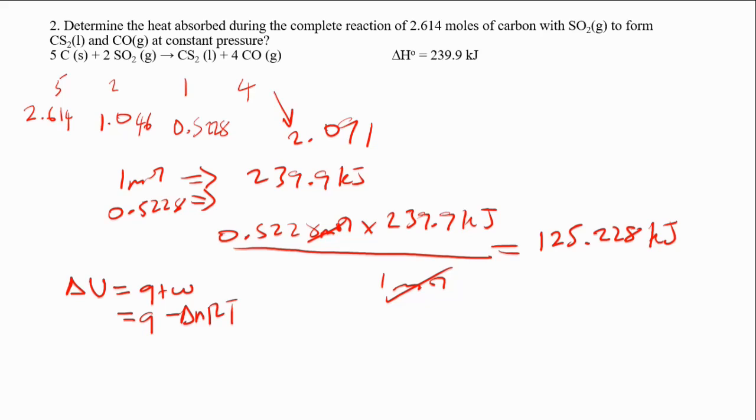Remember also that delta nRT is interchangeable with minus P delta V. Remember this: work is equal to minus P delta V, which is also equal to minus delta nRT.